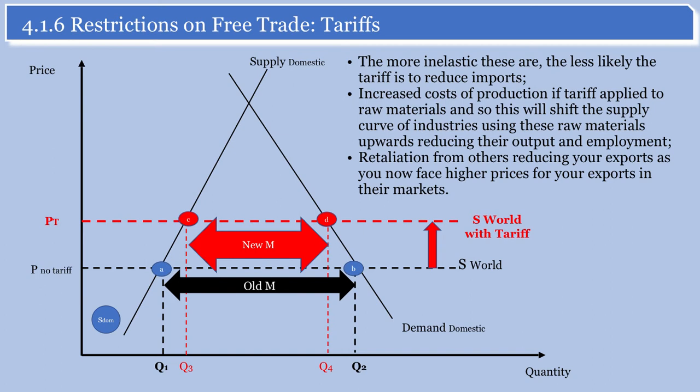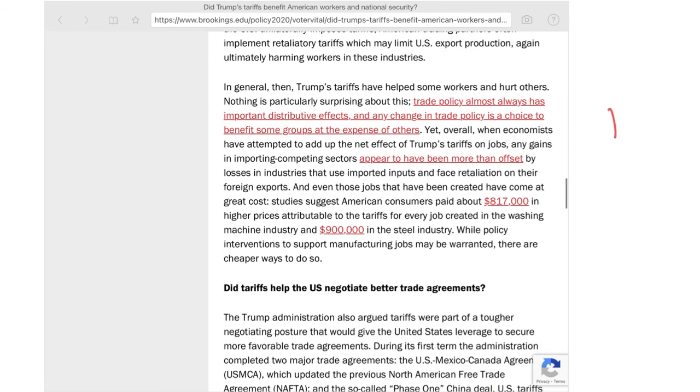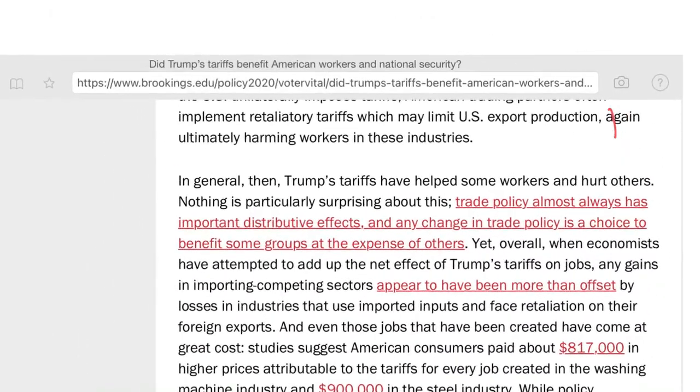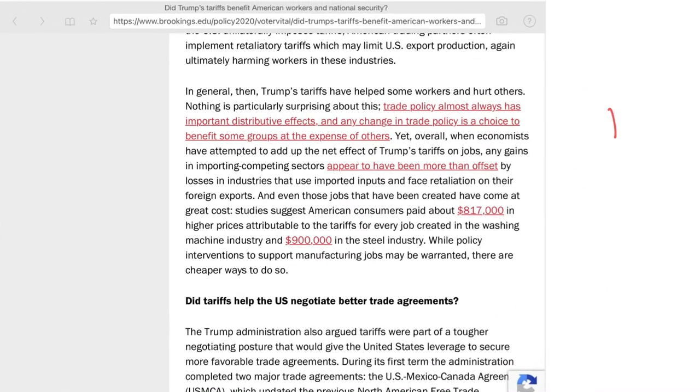Okay, so we're going to have a look at a couple of these articles that you can find, and I'm going to give you these. I'll zoom in so that you can see. This is one from the Brookings site here, which is a good site to always have a look at.